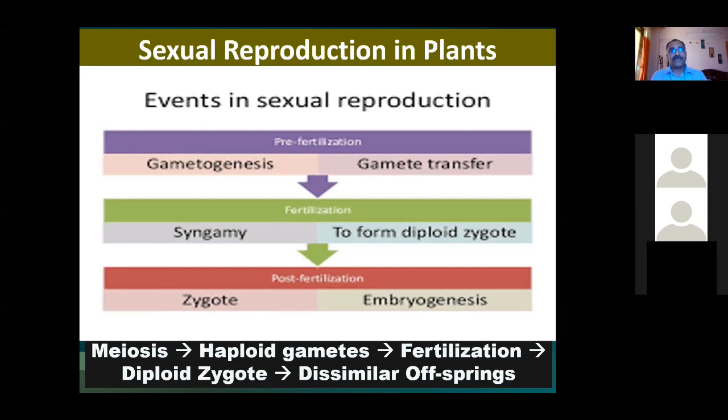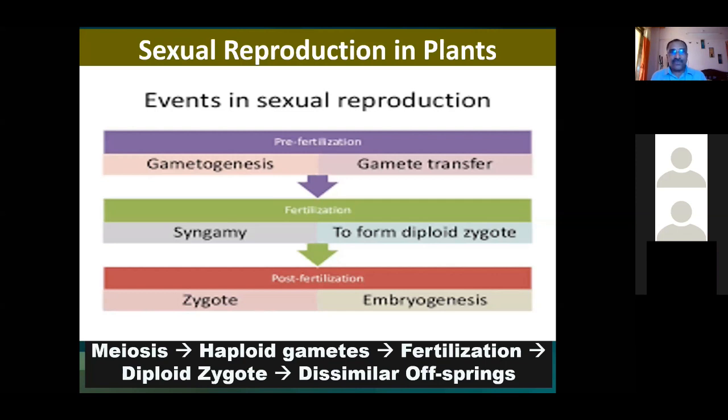So in sexual reproduction, you can notice these events. One is gamete formation, second is gamete transfer, third is fusion of gametes, fourth is formation of the diploid zygote, and fifth is development of the adult, that is embryogenesis.